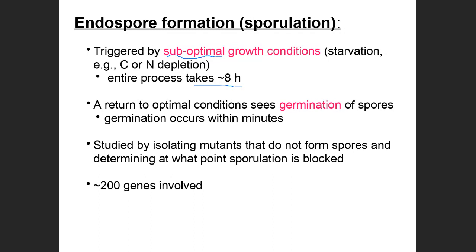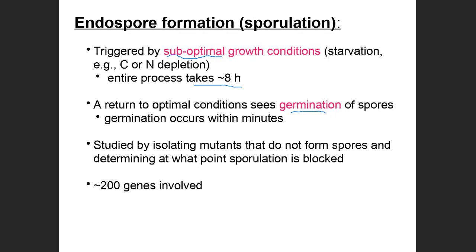And then what happens now for the spore to become a vegetative cell again? It returns to the vegetative state after it germinates. We say it germinates. Remember the example that I gave you of a seed. That's more or less the context in which you can think of a spore. So it germinates, and the germination doesn't take long.